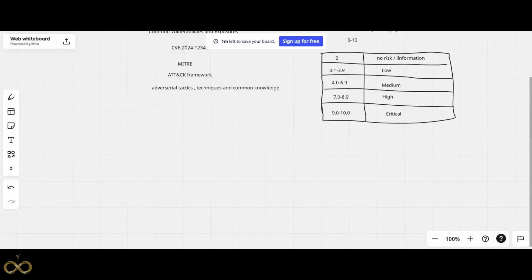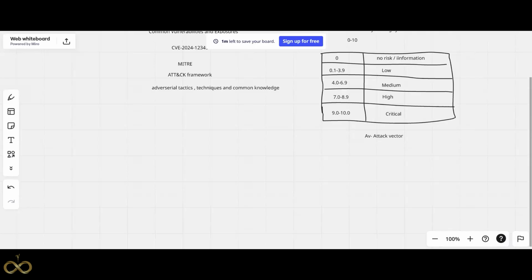First one you have is attack vector. It's called AV. Now what is this attack vector?